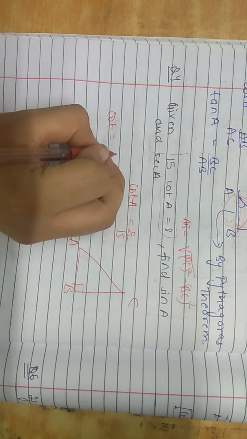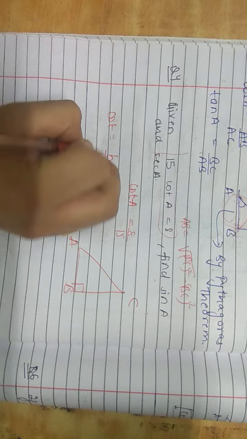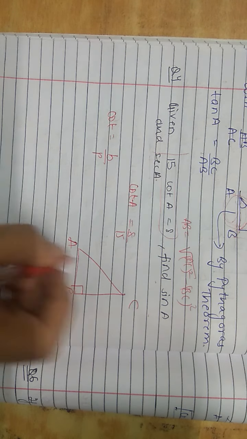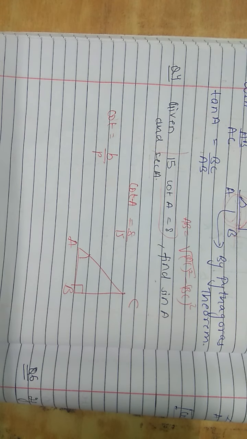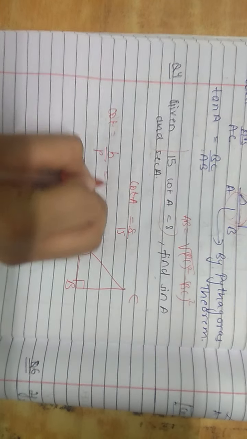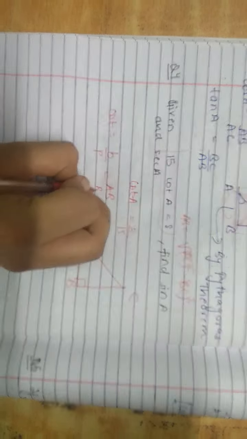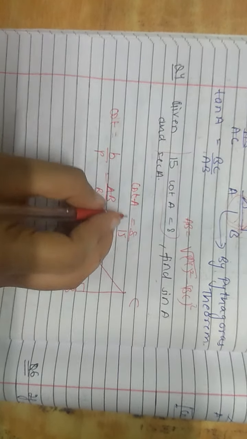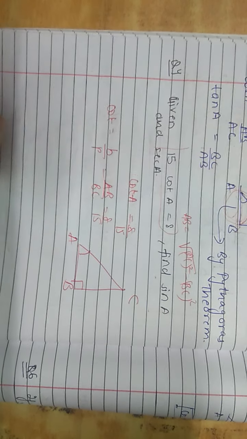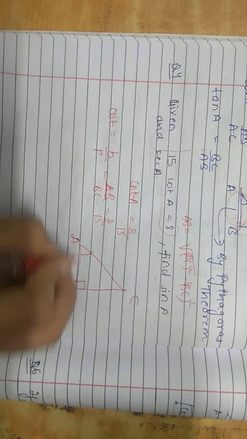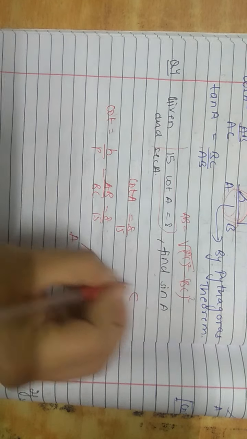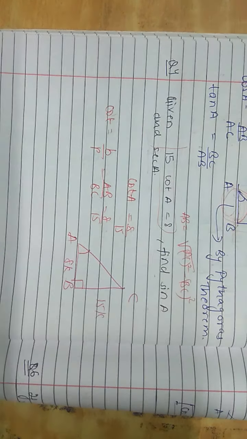We know that cot is base by perpendicular, am I right? So with respect to A, our base will be AB and the perpendicular will be BC, right. So here 8 by 15 is given, so we can write AB as 8K and BC as 15K, right.